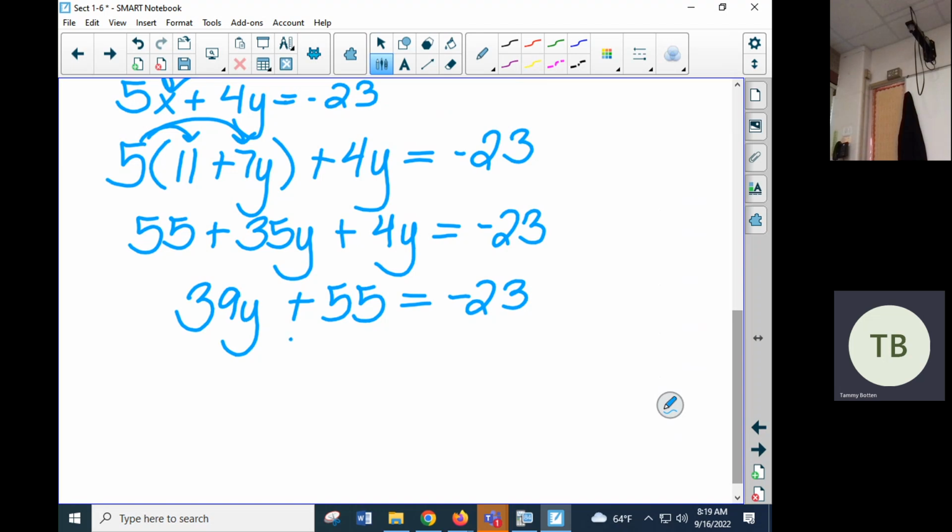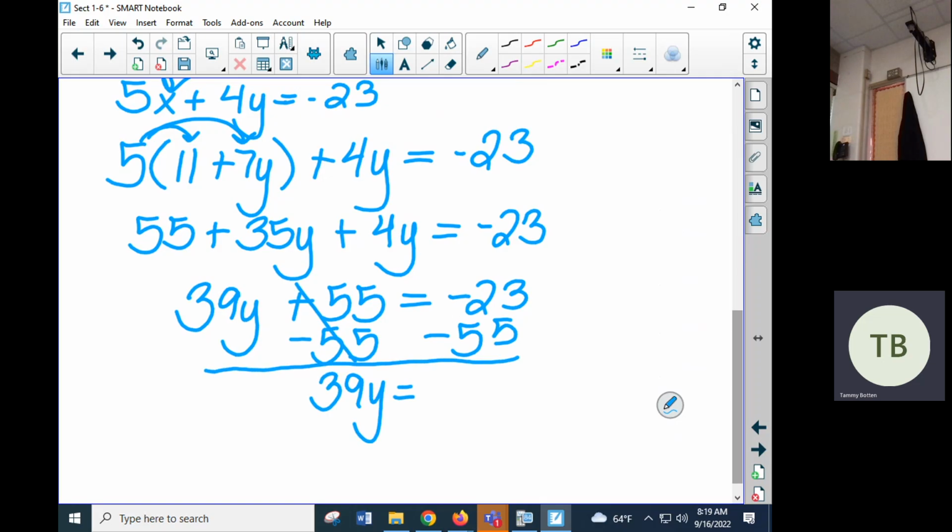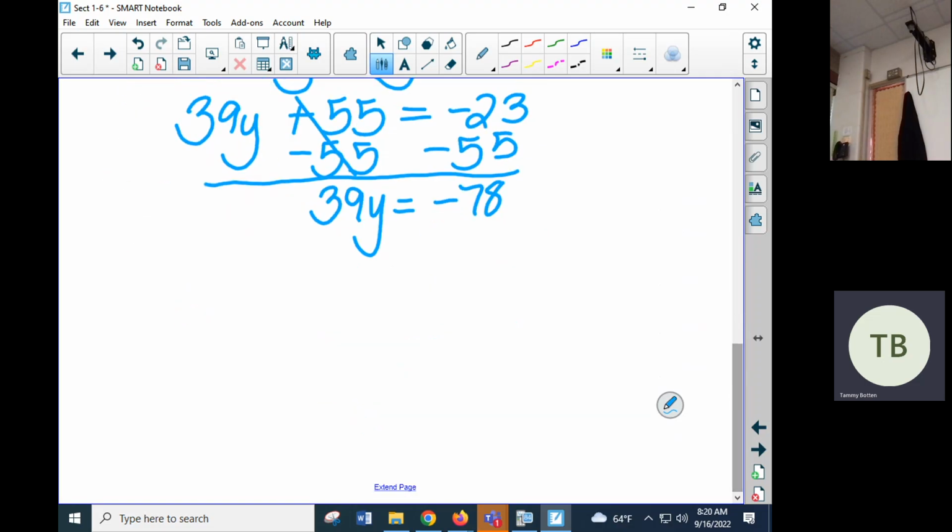Then what I would do is subtract 55, and I'd get 39y equals, and here when I do negative 23 minus 55, it's negative 78. Okay. And then I would just divide by 39. And y is a negative 2.